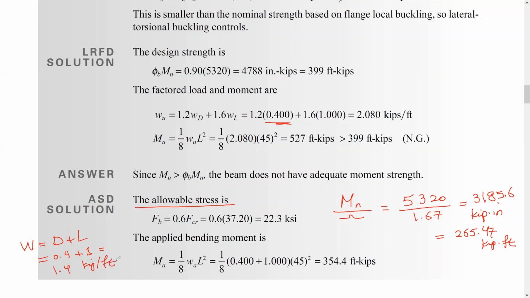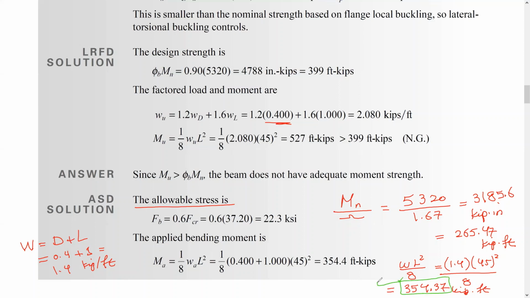So the maximum moment is going to be WL square over 8, same. So this one is going to be this much times 45 feet squared divided by 8. So this here is 354.73 kip foot.